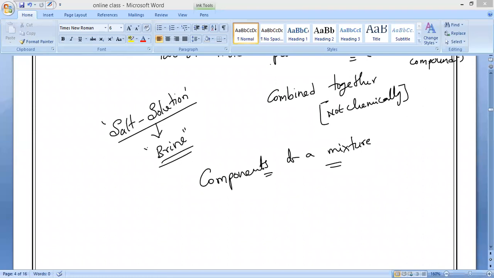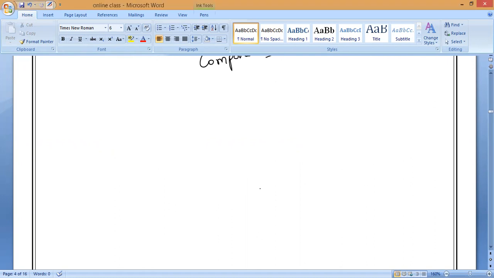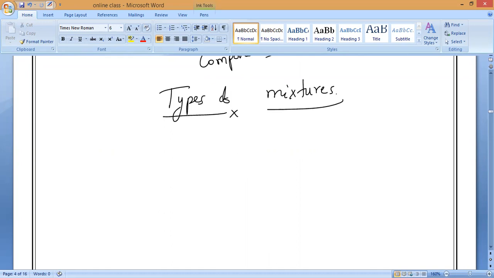In today's class, we are going to see the types of mixtures. Let us discuss in detail so we are able to identify them. We have two types of mixtures, which you are already familiar with.